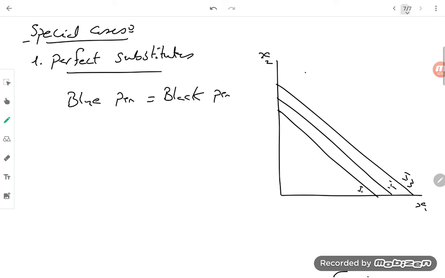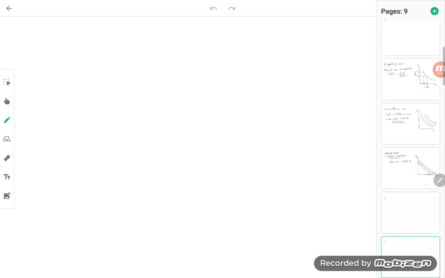Case number 2. Perfect complement. Two commodities that should be consumed together. You cannot consume one of them without the other. Such as pair of shoes.